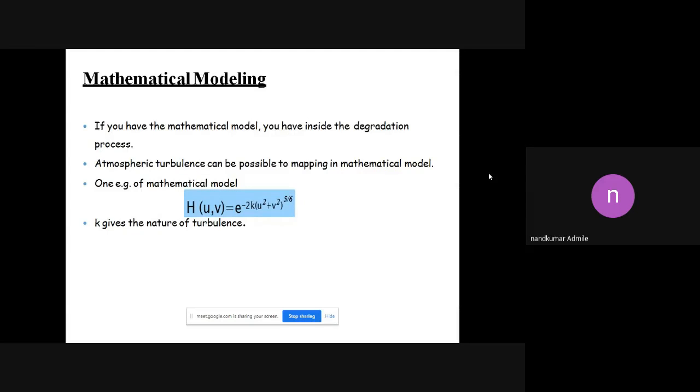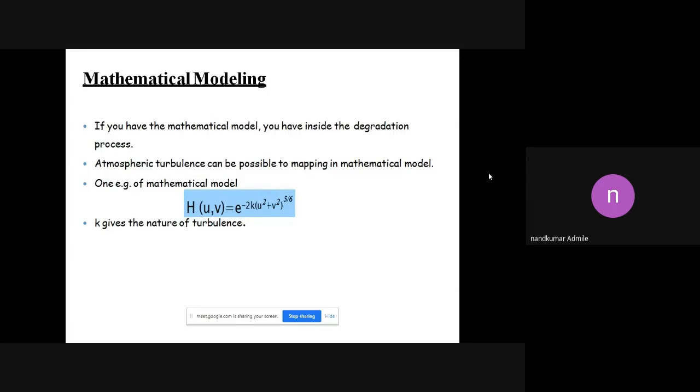Here we have one mathematical formula. The degradation function can be represented with the letter H. Here we can represent the formula of H of U V, which is nothing but the degradation function, or we can call it the estimation function.